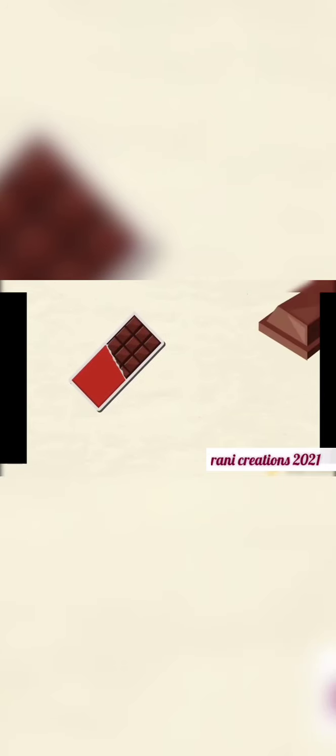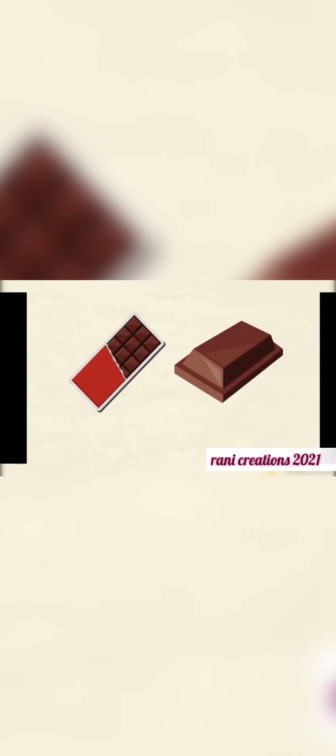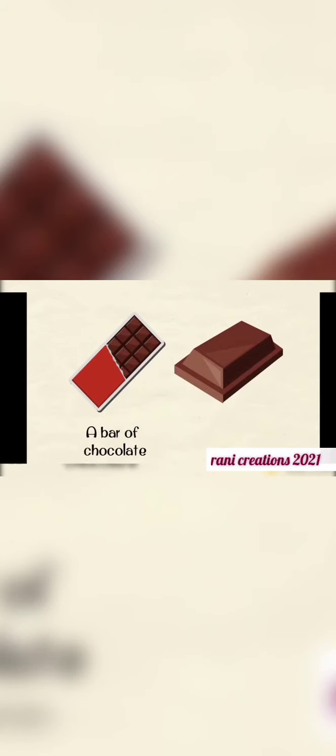Collective and partitive nouns, food and drink. A bar of chocolate. A piece of chocolate.